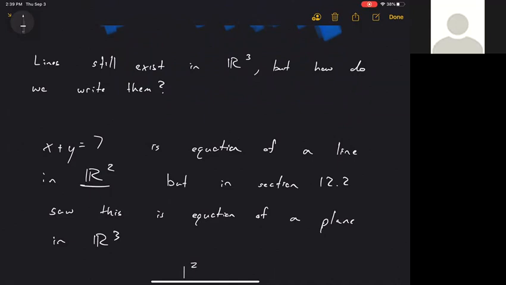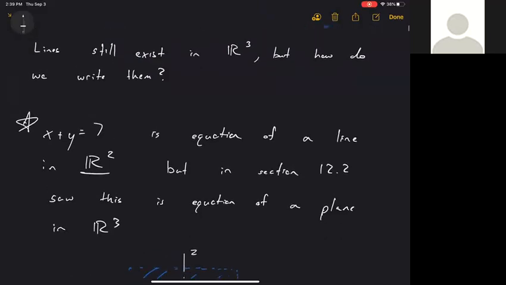Obviously lines still exist in R3, but we have to think about how to write them. An example of the problem we have is this equation, x plus y equals 7. In R2, that's clearly the equation of a line. We could rearrange this into point-slope form, maybe that would be more familiar then.